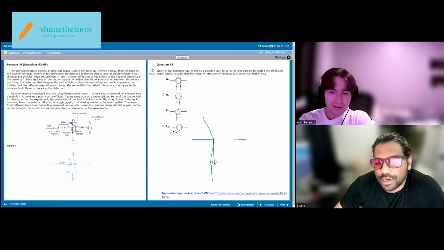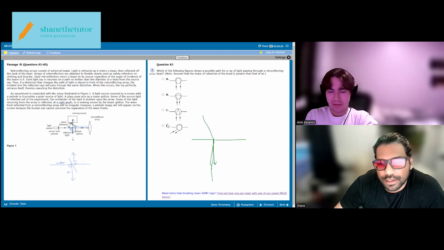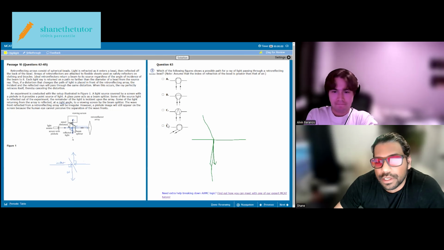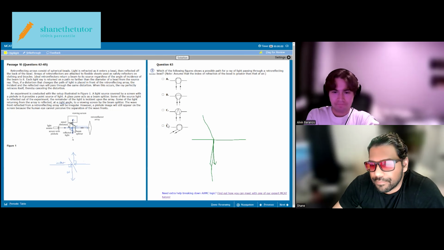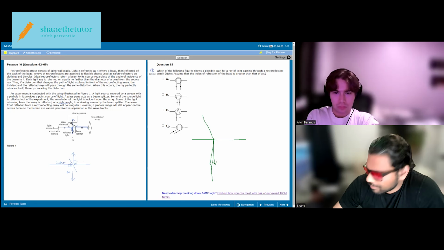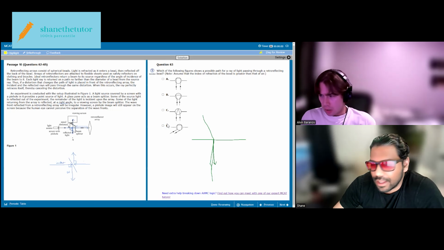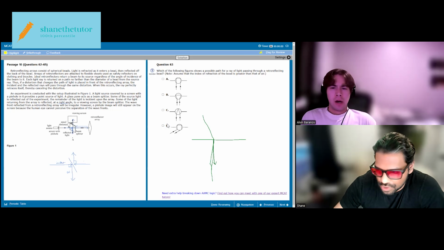Well, let's see. What you drew is true. What we want to see is if we have convergence or divergence. C has the light rays converging.